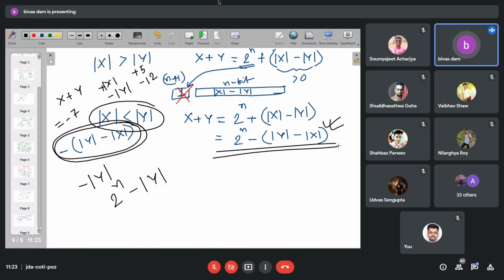Now check the sign bit of the result. If it is 0, sign bit means most significant bit, I am referring to that. If it is 0, the result is positive and the magnitude can be directly obtained.